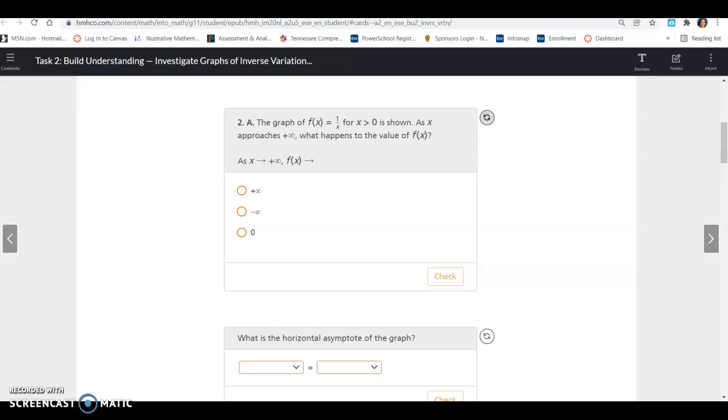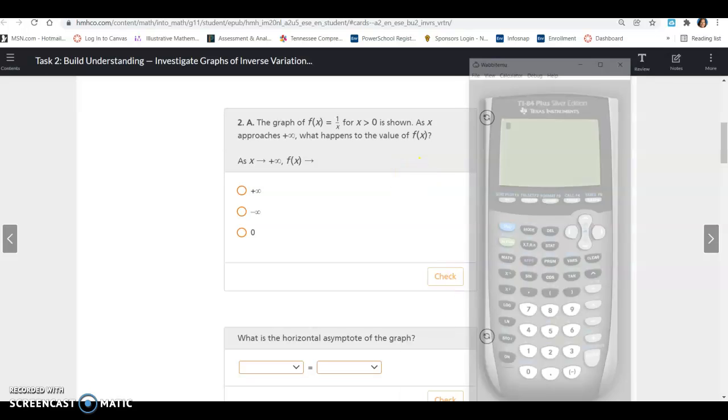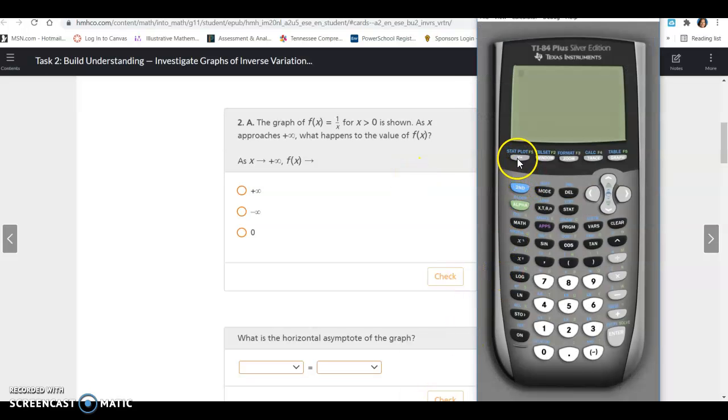As x approaches infinity, what happens to the value of f of x, or your y value? All right, so this is talking about your end behavior. So let's just look at what this looks like. So if we go to y equals, and we graph y equals 1 over x, and then we're only going to be looking at the positive x's, so for x greater than 0.